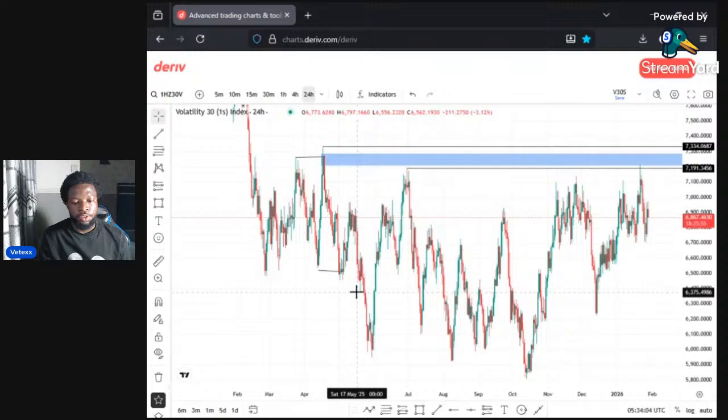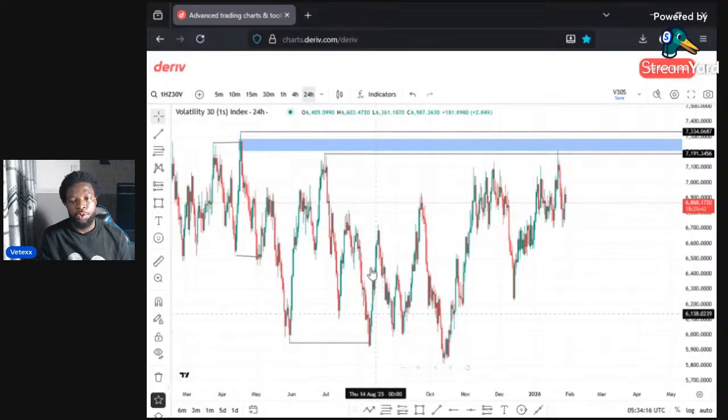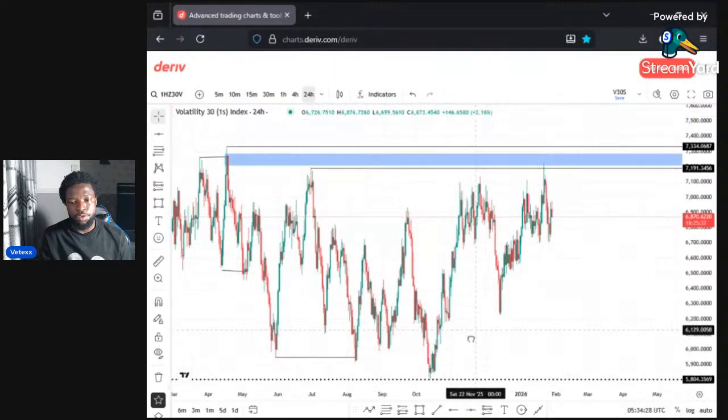Secondly, we have price retrace 50% to give us our structural liquidity, and rule number 4 is here, the second break of structure, which is this. Then we have price tapping into this zone and then continuing in the opposite direction. This is the starting point, and this is the finish point.